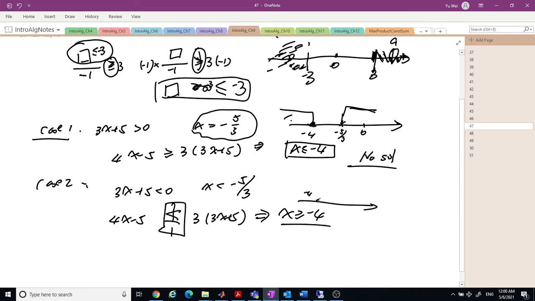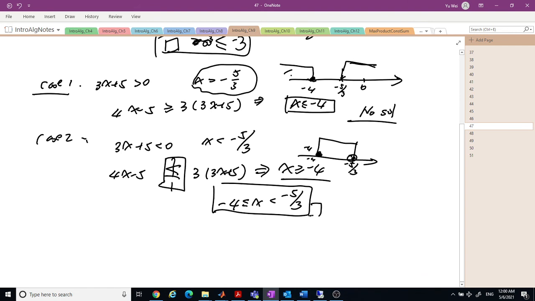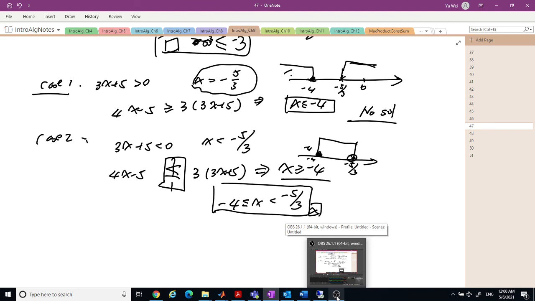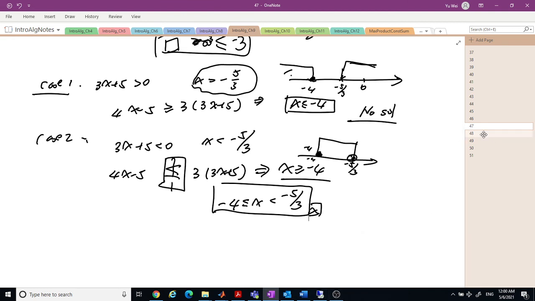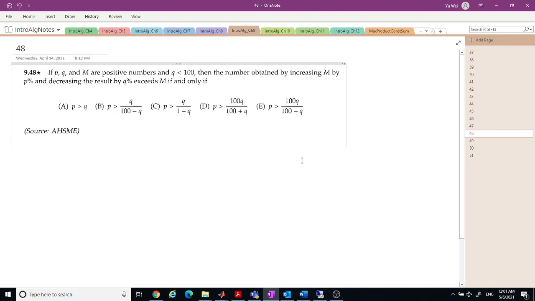It's -4 and 5/4. We need to include this and not include that. So that's why the answer is 9.48.